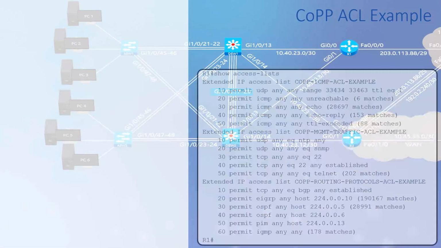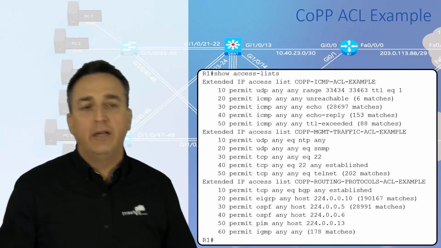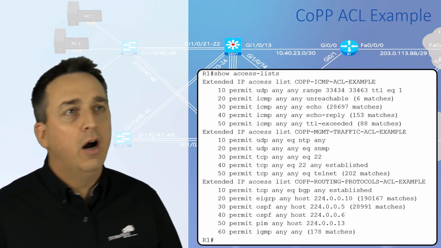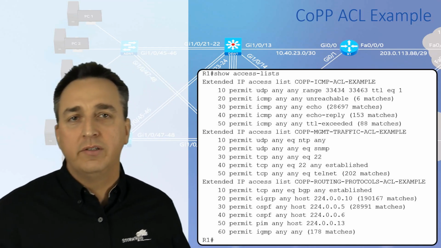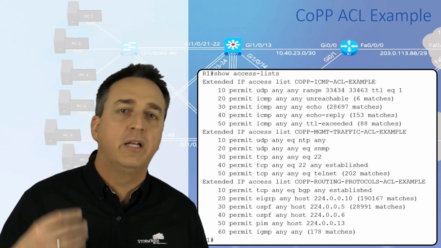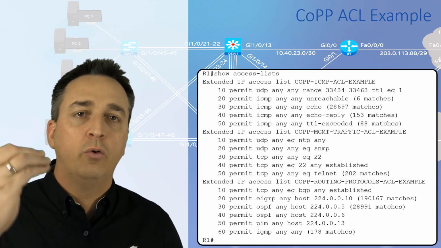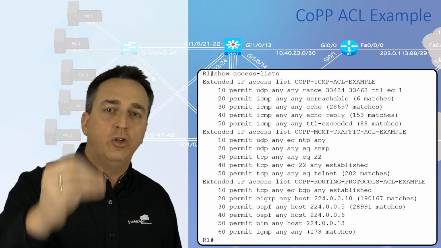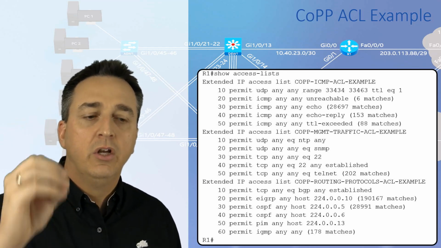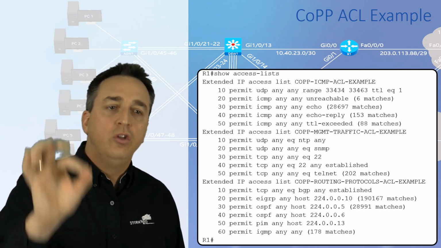So I'm going to give you a really poor example here for the certification exam. Why? Because there are a billion different options, billion different configurations when it comes to control plane policing. Why? Because control plane policing is going to be something that you do based on your own circumstances, your own situations, your own scenario.